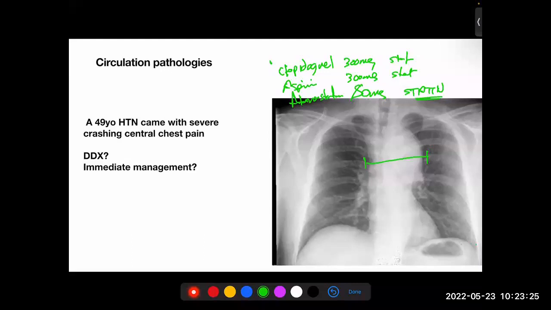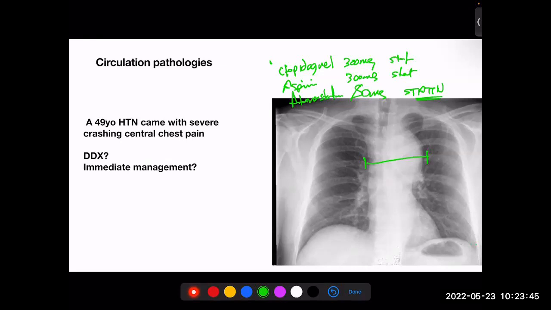Is this patient bleeding just into the aortic intima? It's just an intimal tear. But if you increase the blood pressure, the intimal tear can become an aortic rupture, which is catastrophic.